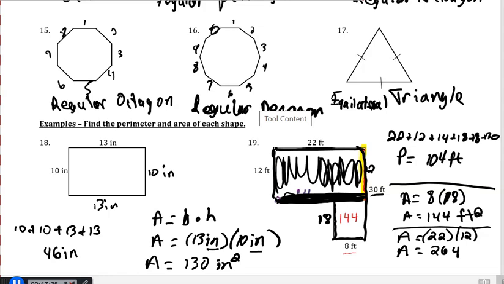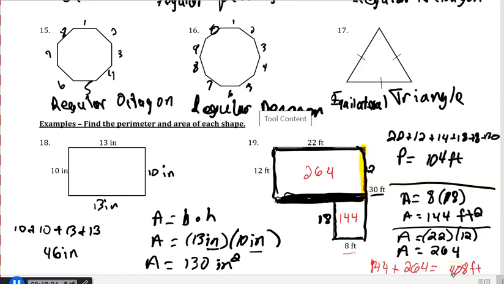We then know that is the area of this rectangle, 264 feet squared. Add those up. So 144 plus 264 should be a very nice 408 feet squared. Okay.